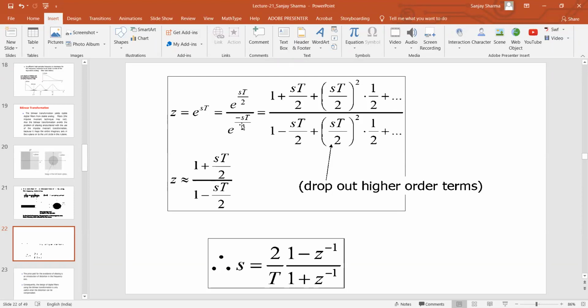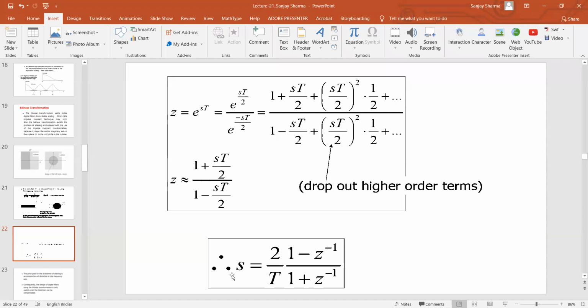If I drop the higher order terms, I am left with z equal to (1 plus sT by 2) over (1 minus sT by 2). Now, if from here I calculate the value of s, s is equal to 2 by T times (1 minus z to the power minus 1) divided by (1 plus z to the power minus 1). This is the bilinear transformation.